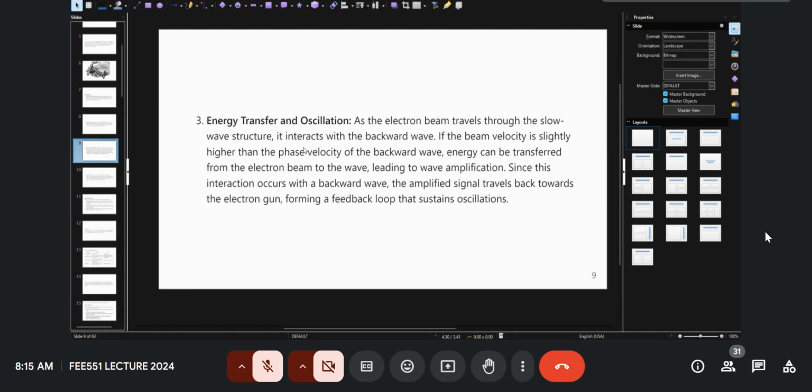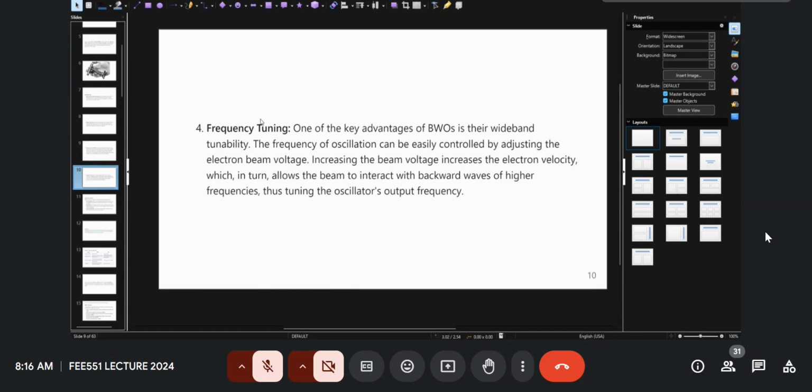If the beam velocity is slightly higher than the phase velocity of the backward wave, energy can be transferred from the electron beam to the wave, leading to wave amplification. Since this interaction occurs with a backward wave, the amplified signal travels back towards the electron gun, forming a feedback loop that sustains oscillation. We'll get to review these things later.